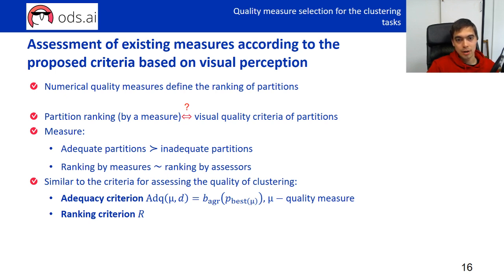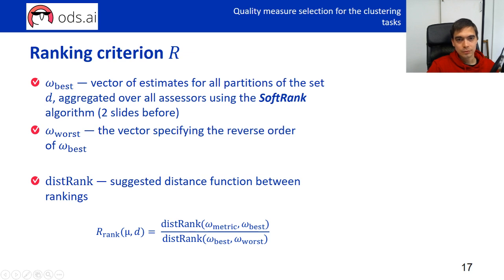In the same way as the criteria for assessing the quality of clustering, we introduce the criterion of the measures' adequacy. So it is the adequacy of the best partition from the point of view of the majority of assessors. And the ranking criterion, which is the normalized distance between the orders of the partitions given by measures and assessors. So the formula is on the slide.